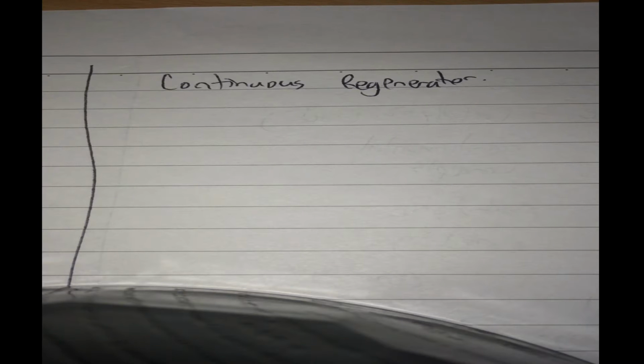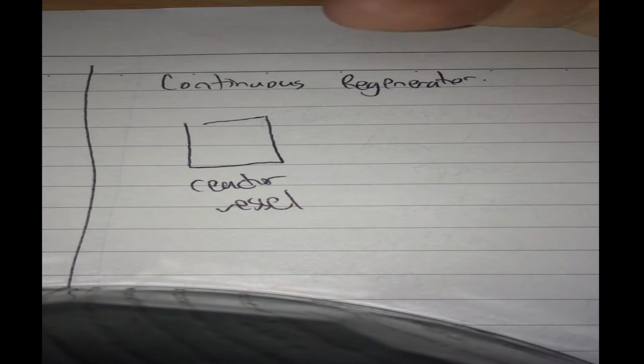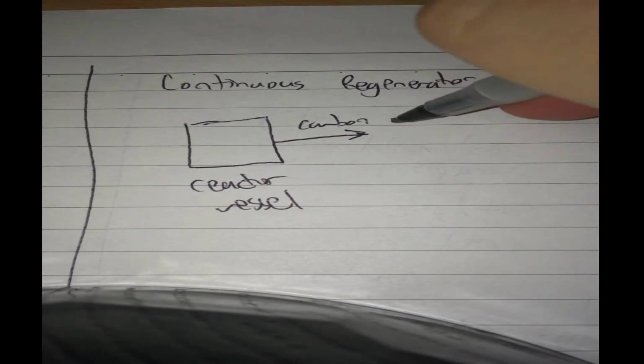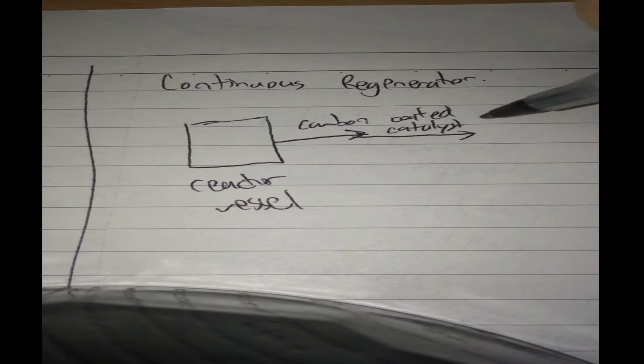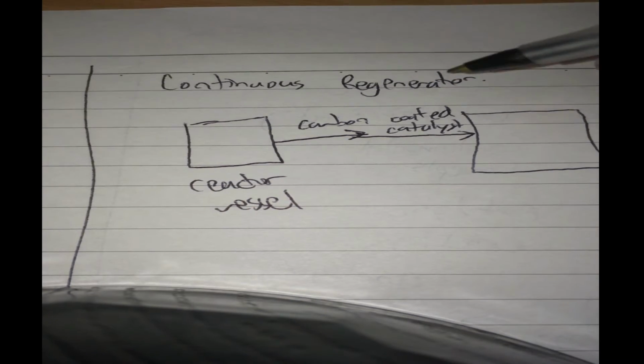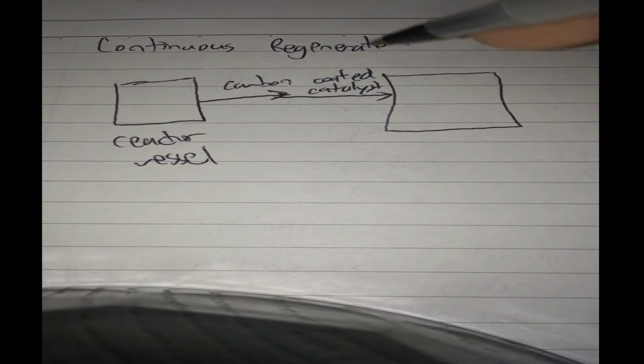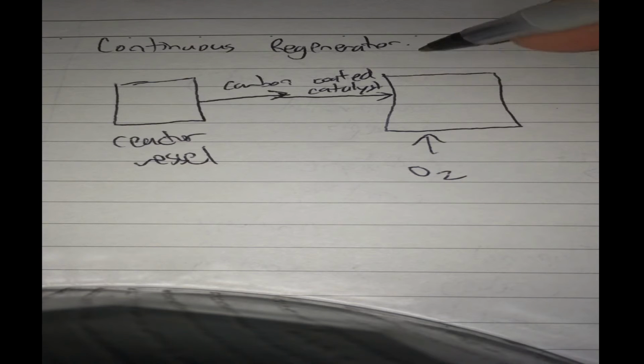So the act of burning the carbon off the coke and reactivating the catalyst is called regeneration. So what I can do is I have one reactor vessel which is there to take in my oil, and once it's covered in carbon or coke, I can send that catalyst over to a unit specifically designed to burn that catalyst, to burn all the carbon off the catalyst.